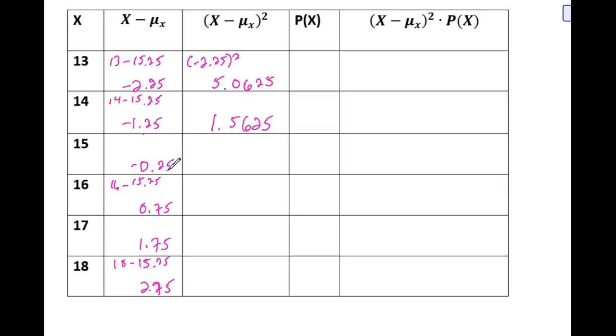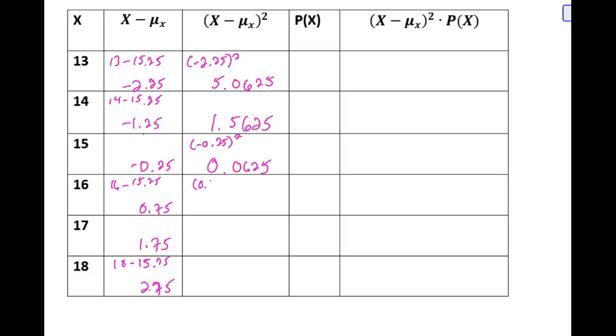Then I'll take negative 0.25 and square it, and I will get 0.0625.